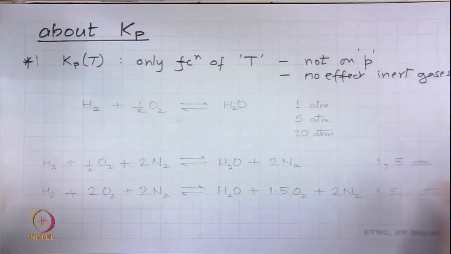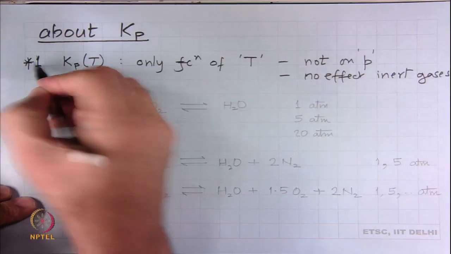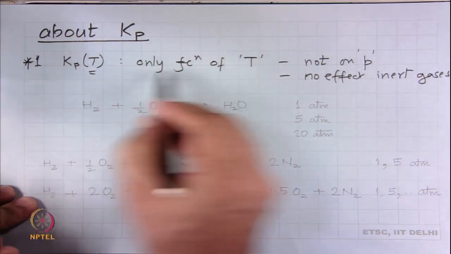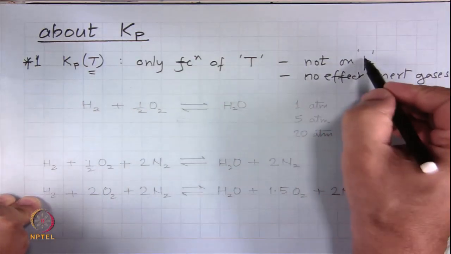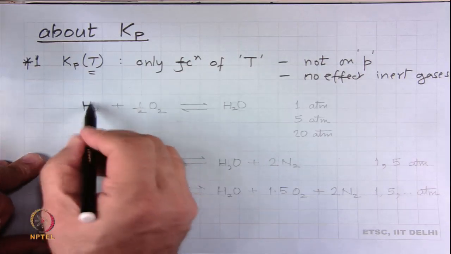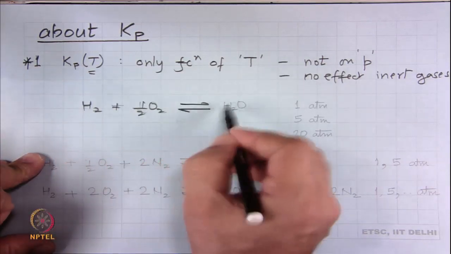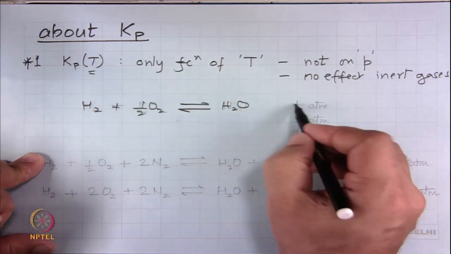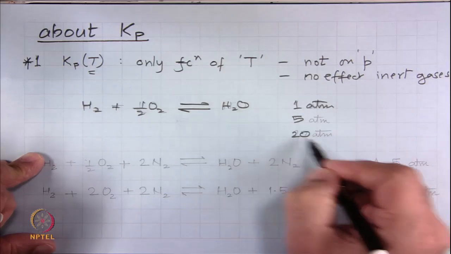First, K p is a unique value at every temperature. It is only a function of temperature and is not a function of pressure. So, for an expression like H 2 plus half O 2, the equilibrium is the same at 1 atmosphere, 5 atmospheres or 20 atmospheres.